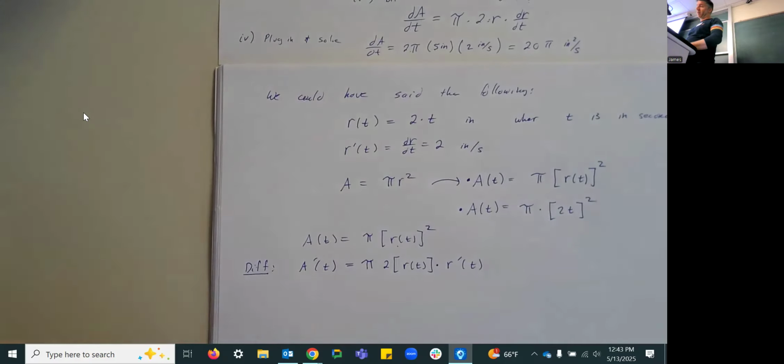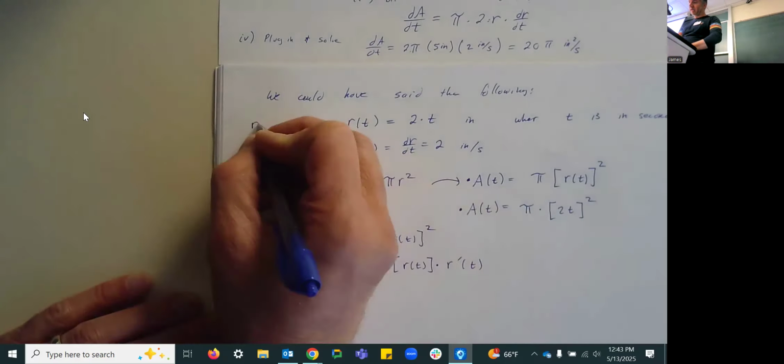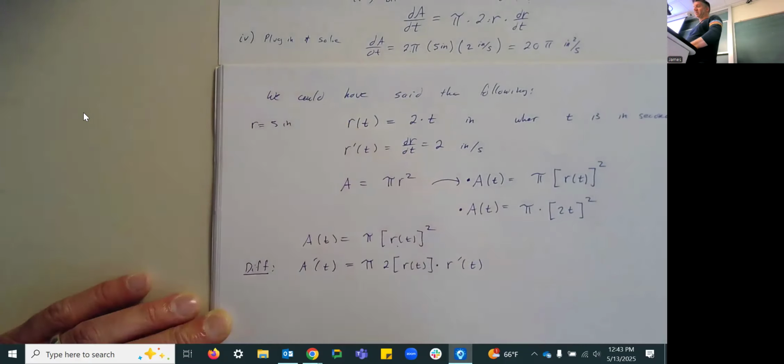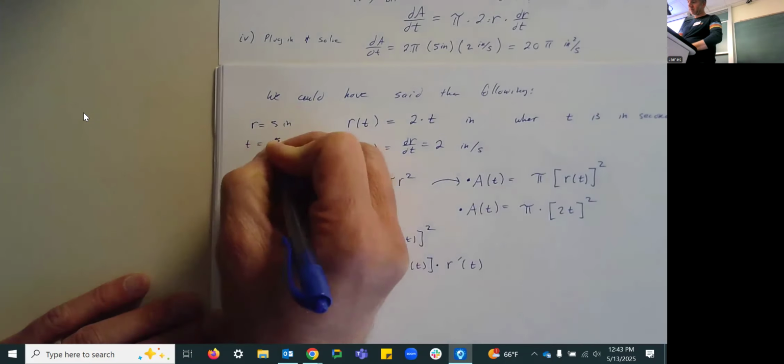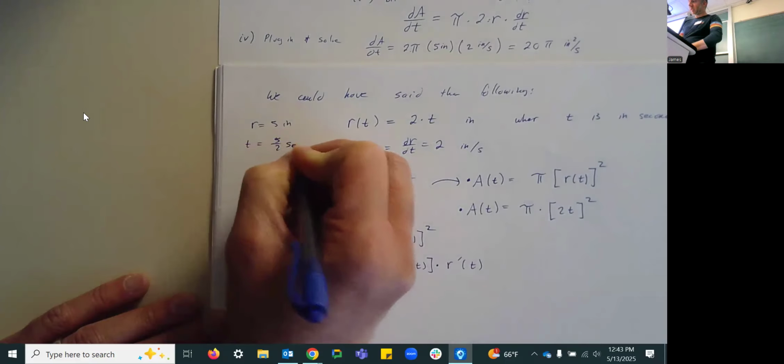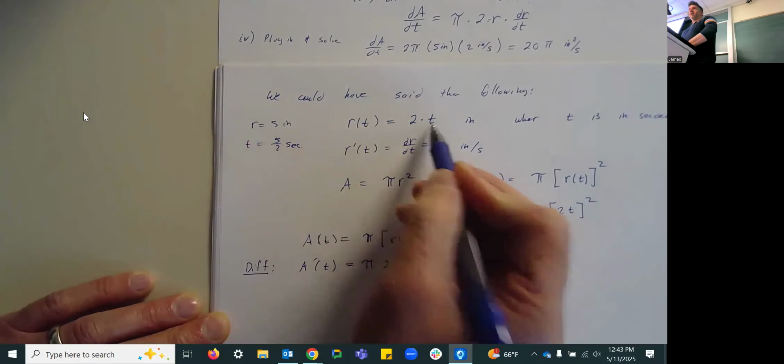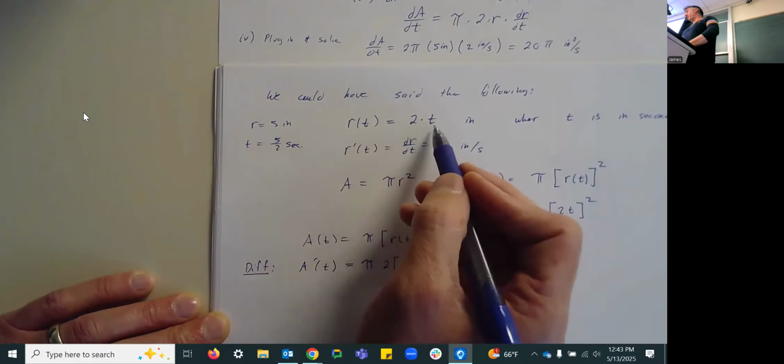We could go back and figure it out. If the radius is 5 inches, I guess the time had to be 5/2 or 2.5 seconds, because you plug in 2.5 for t, or 5/2 for t, 2 times 5/2 is just 5.